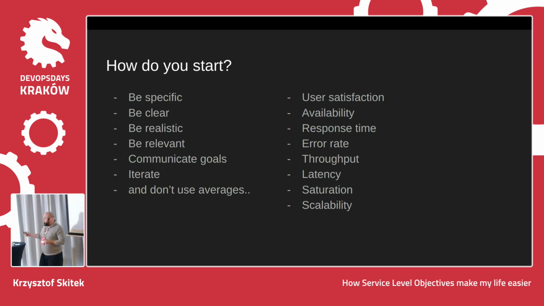And some good metrics that you might already have is first the user satisfaction. This is pretty vague, but it will depend on your system. You probably have some ideas what makes your user happy or not. But the error rates, the availability, response times, these are good candidates for making an SLO.